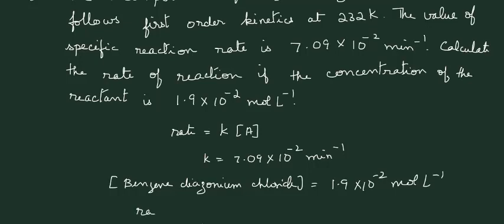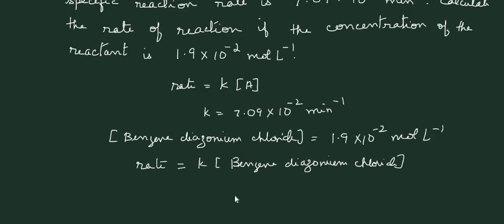So just substitute. Rate is equal to K into concentration of benzene diazonium chloride, which is equal to 7.09 into 10 raised to minus 2 minute raised to minus 1 into 1.9 into 10 raised to minus 2 moles per liter.